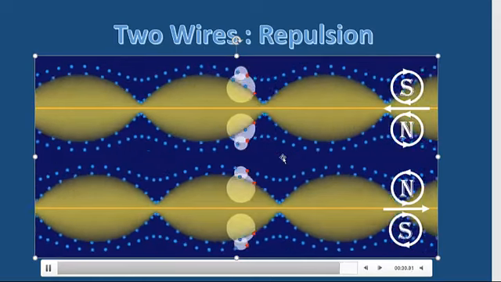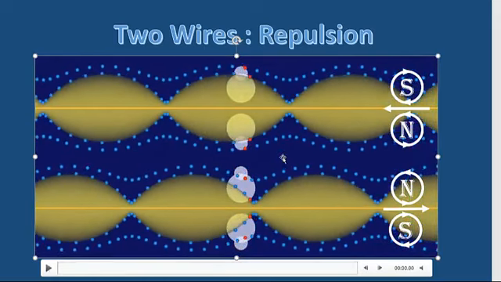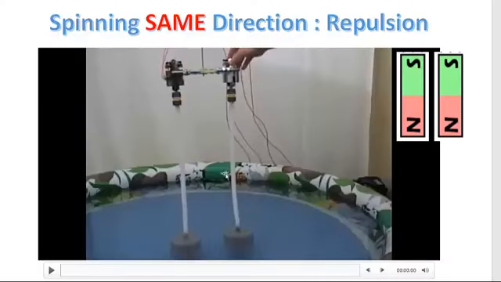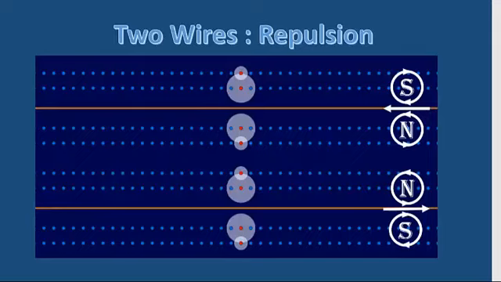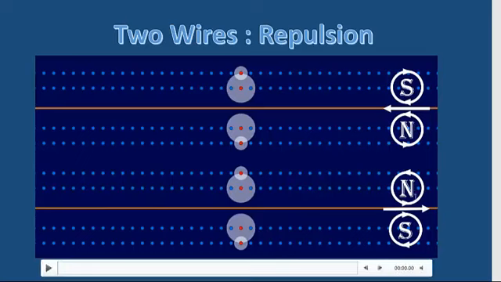And so in this case we can make a prediction and say that, according to Yonel's experiment, where you spin the cylinders in the same direction and you get repulsion, here as well you're going to get repulsion. And this is analogous to having two north poles next to each other. And so obviously that is going to create a repulsive situation.